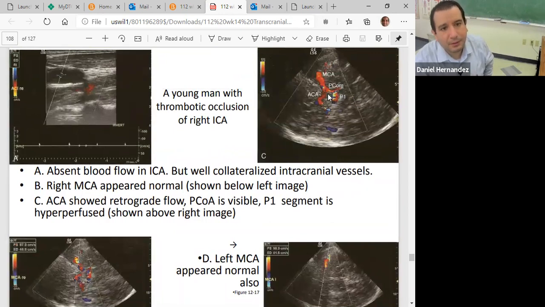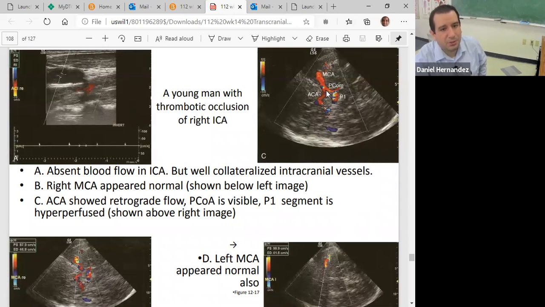So over here is the anterior cerebral artery, which is in red. So it's retrograde, coming toward you. This anterior cerebral artery should normally be blue with flow coming away from you. We have retrograde flow in our anterior cerebral artery.